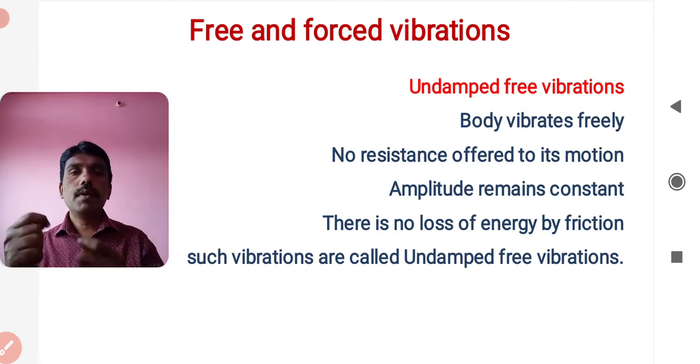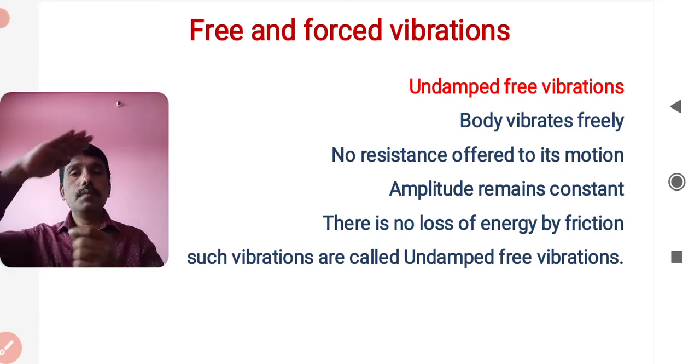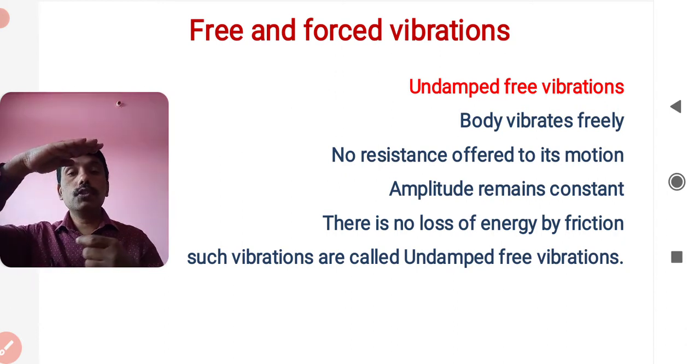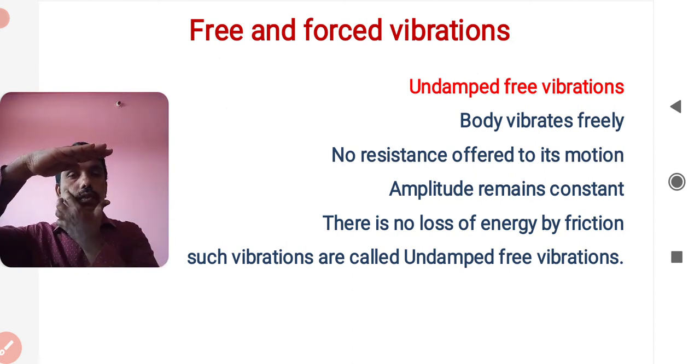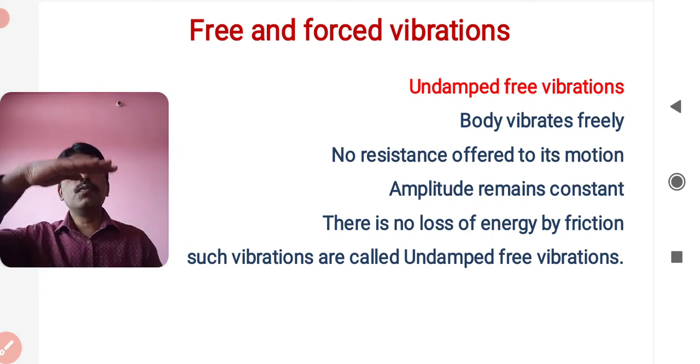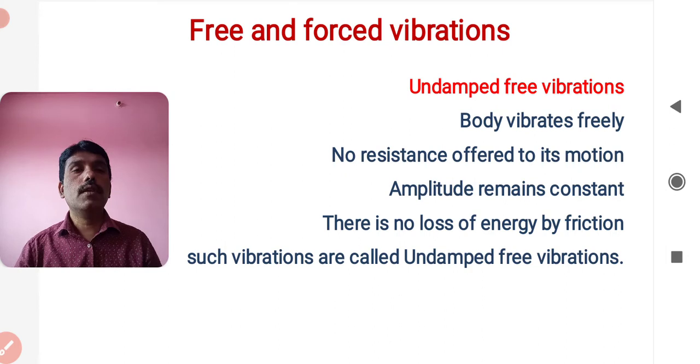Suppose a simple pendulum or a body vibrates freely in a vacuum. Then we can say the body vibrates freely, and no resistance is offered to its motion. As it is in the vacuum, there is no resisting force, air is not present, and that's why whatever displacement I have given, it will continue with the same amplitude, and there will be no change in the amplitude, as there are no frictional forces or loss of energy in this particular vibration or motion.